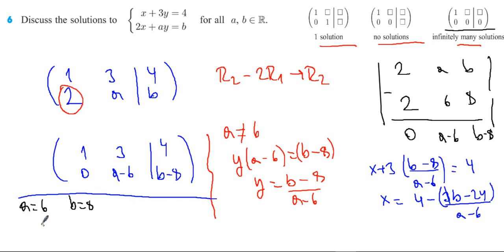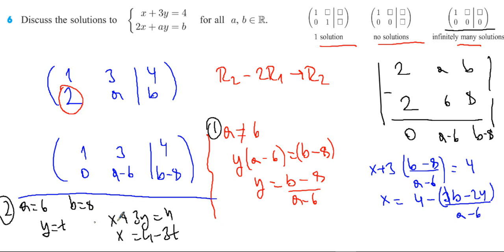So I will just consider, for example, y equals t. Second case: x plus 3y equals 4, and I call y equals t, so x will be 4 minus 3t. Or vice versa, you can call x equal to t and find y. So there are infinitely many solutions because they are the same lines.